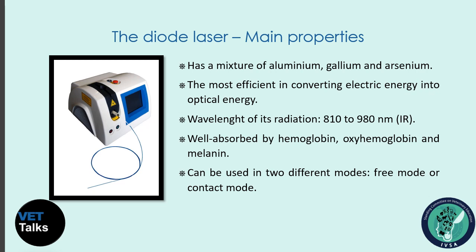It is also well absorbed by hemoglobin, oxyhemoglobin, and melanin, and it can be used in two different modes: free mode, which is more used for highly pigmented or highly vascularized tissue, and contact mode for pigmented tissue, ideal for incision, excision, and ablation. It is also important to refer that during surgery, the carbonized tissue needs to be removed in order to reduce the thermal damage in the adjacent tissues, because the carbonized tissue absorbs a lot of thermal energy.